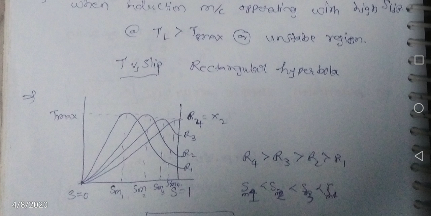The maximum slip Sm is proportional to R2 by X2. Maximum slip increases, but not maximum torque. So see the graphical representation, rotor resistance is increasing.